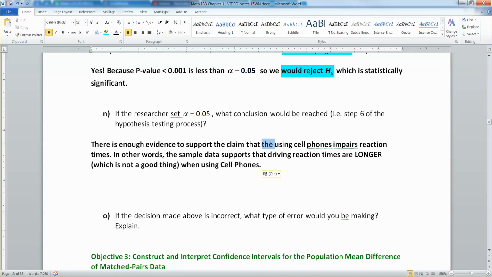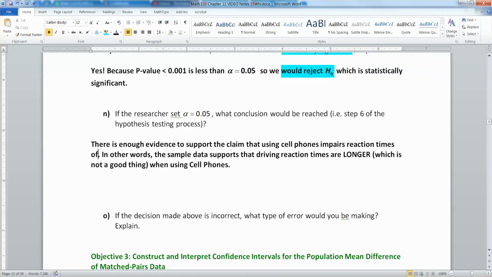So that using cell phones impairs reaction times of drivers, which should not be a shock to anybody. So if you use your cell phone, it takes you longer to react to things, like a deer running in front of you or somebody swerving into your lane, that kind of thing.